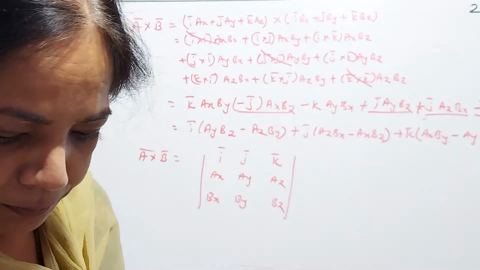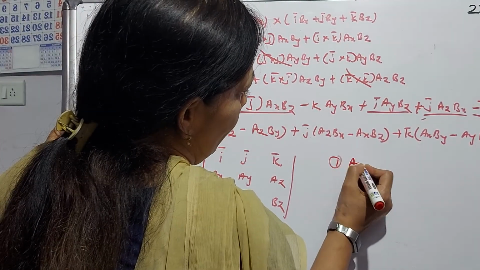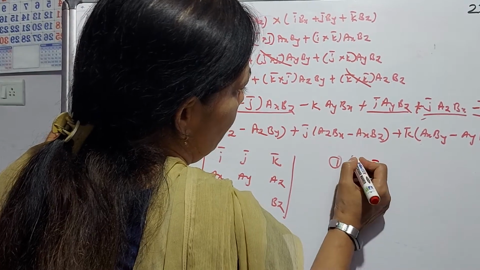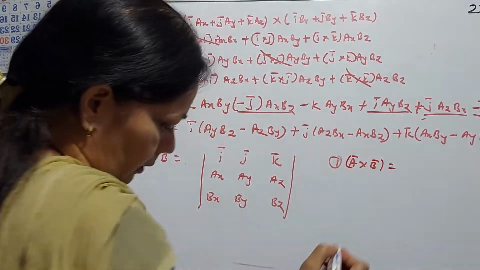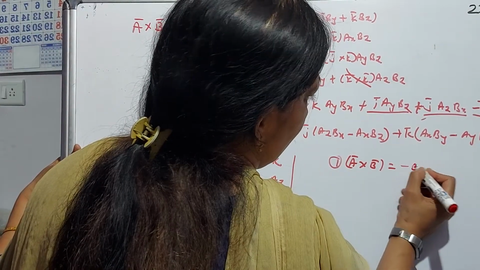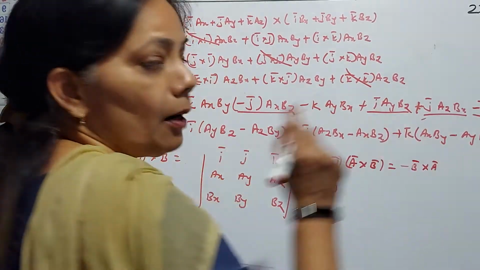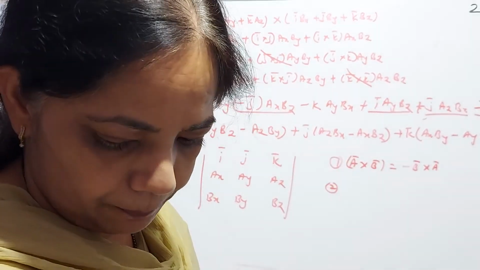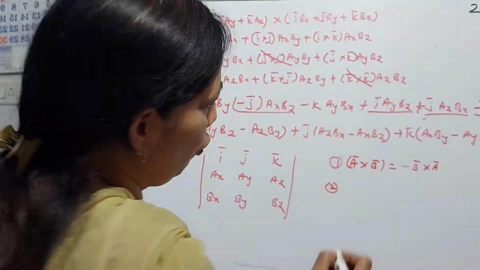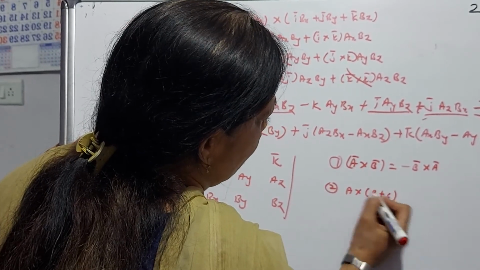The first law is a cross b is equal to minus b cross a. This is the commutative law of multiplication. Correct? Next one is a cross (b plus c).